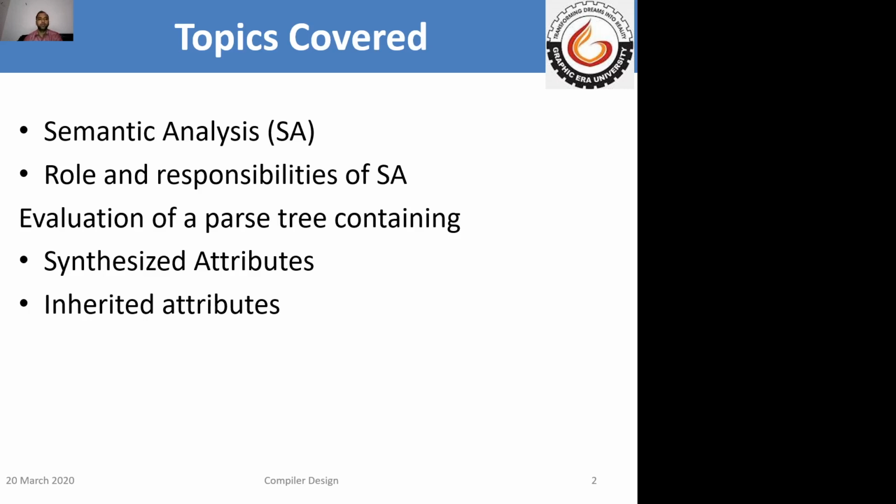The semantic analyzer always evaluates the parse tree because it converts a parse tree into an annotated parse tree in two manners: synthesized as well as inherited attributes. So let's get started with semantic analysis.